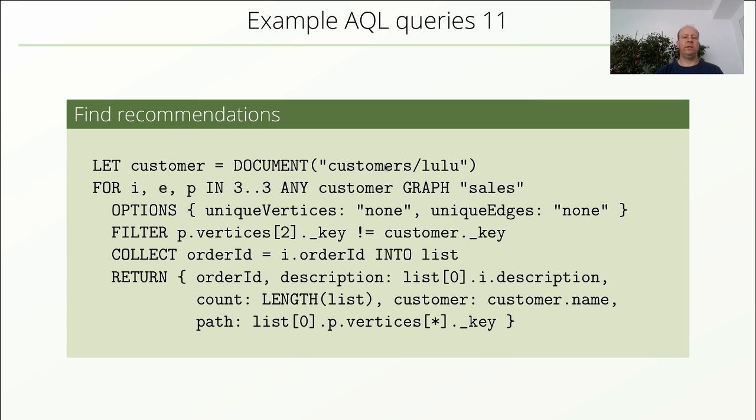So that means I don't want to go back to Lulu, I want to go to somebody else and then to some item. And what I do here is I just put together some data from all these possibilities, and that gives me a first list of things I might want to recommend to Lulu, again on the basis of thinking that she wants to buy similar things to what other people who have bought things she has bought, have bought as well.